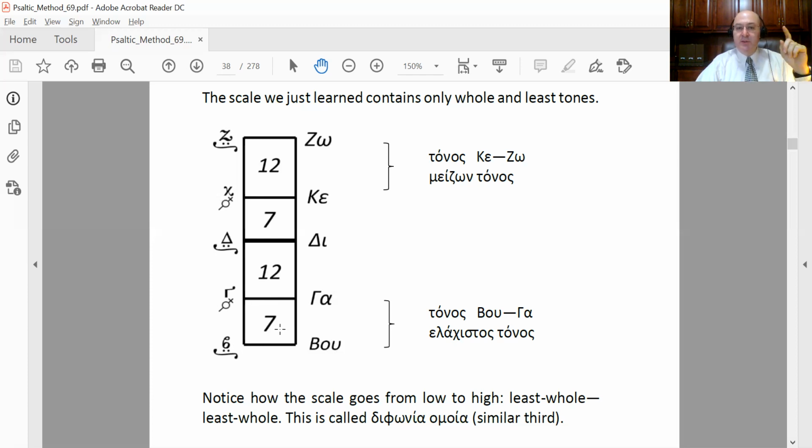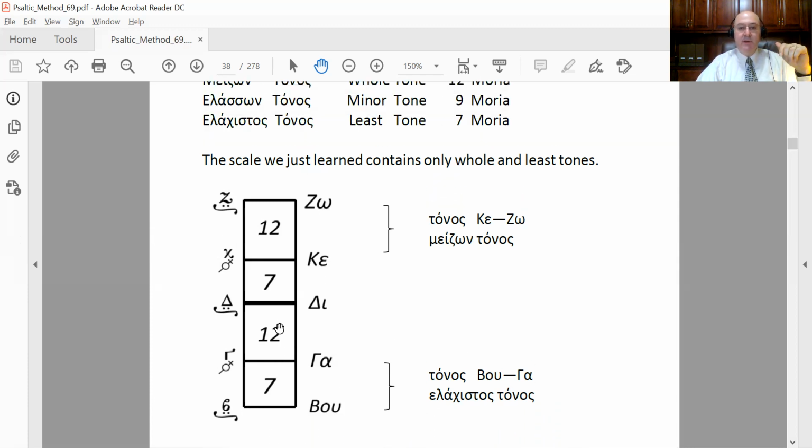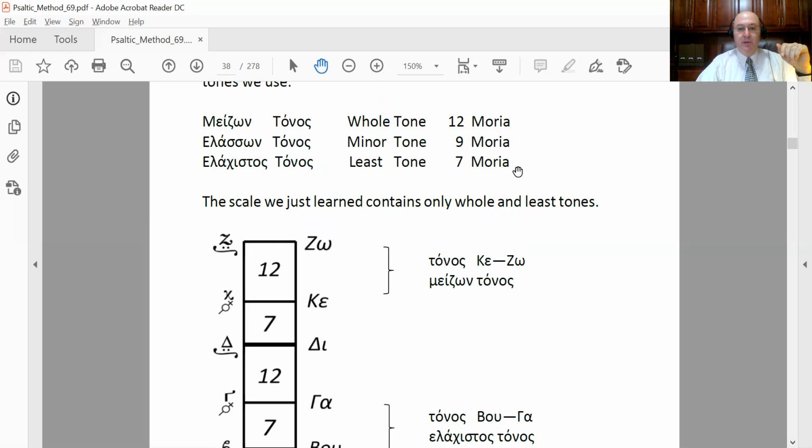Elachistos tonos. There is another kind of tone, another kind of interval that we do not see here. It has 9, and we call it elasson tonos, or minor tone. So from now on, we may be using terms like whole tone, minor tone, least tone, and what we are going to mean is those actual intervals.